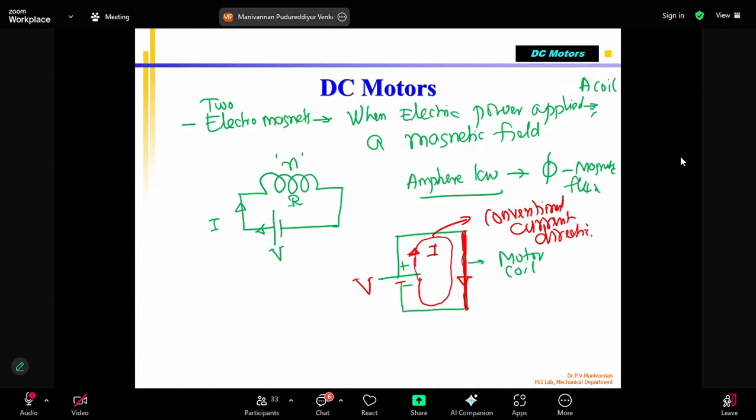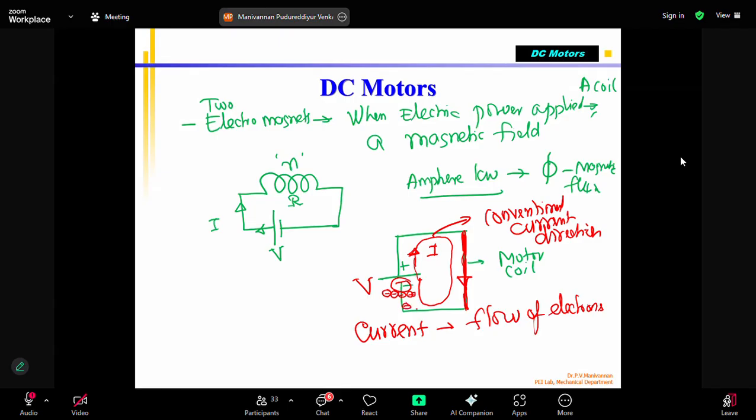But actually, as I would have told in the previous class, current is nothing but flow of electrons from one terminal to the other terminal. Actually, the electrons are generated in the negative terminal of the battery. Electrons are shown by a circle with a minus sign within it.